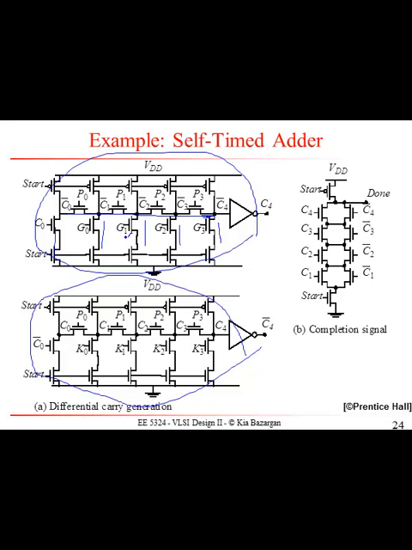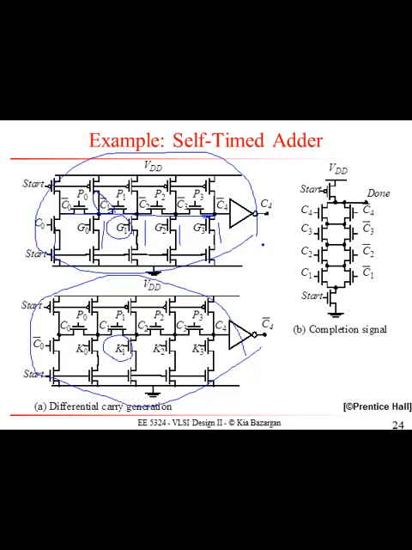We just changed your generate signals with the kill signal, and also the intermediate C signals now become C bar signals. So if you look at this implementation and write down the Boolean equations for the two networks, you can verify that the top and the bottom circuits are implementing carry and carry bar.